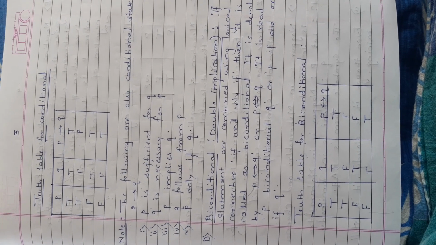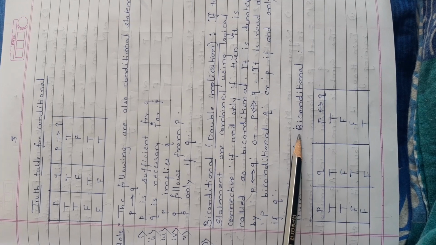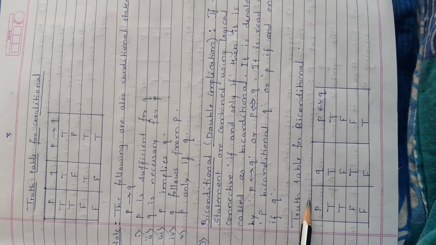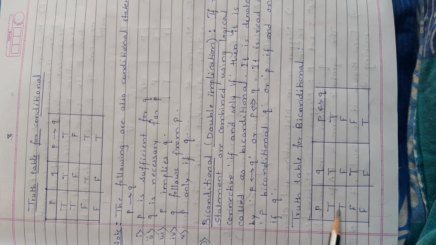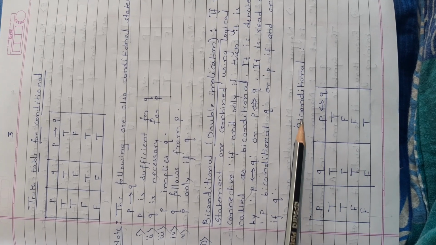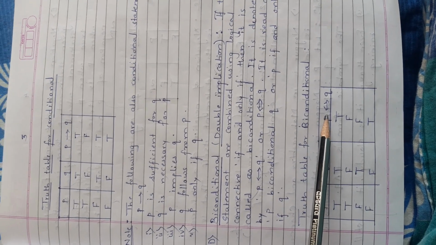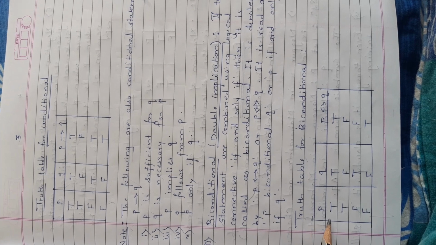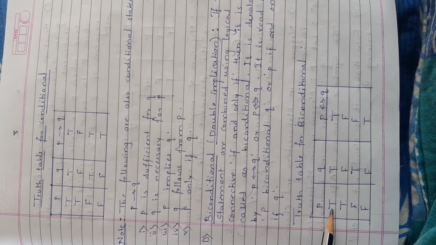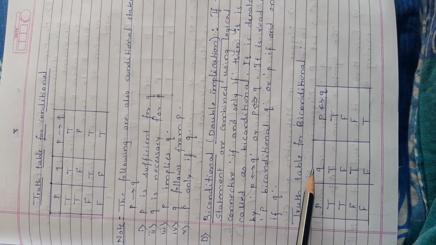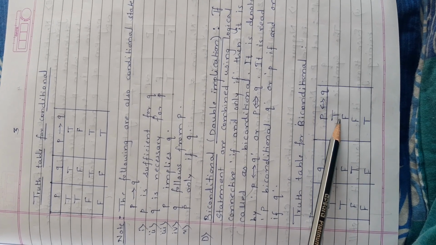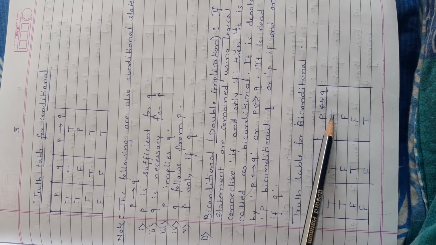So let us see the truth table for biconditional. The first column is of P, the second is of Q, and the last one is of P biconditional Q. If statement P is true and statement Q is true, then P biconditional Q is true.